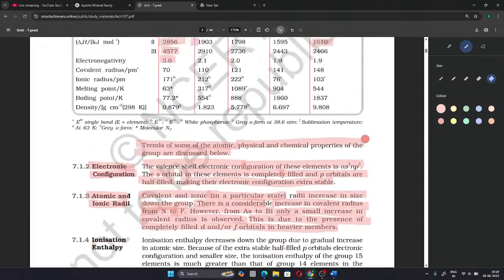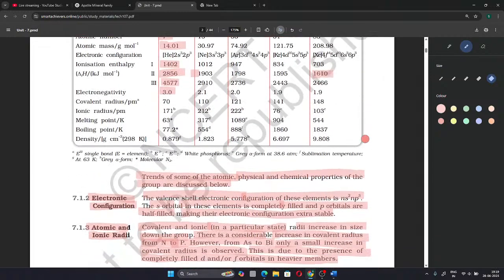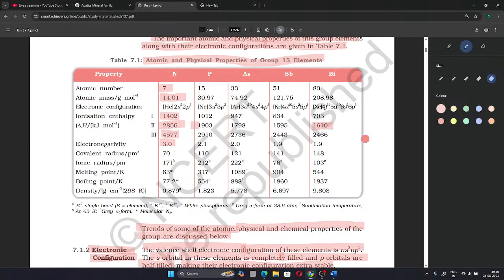Okay, atomic radii. As we see here, in the covalent radius there is a 40 picometer increase from nitrogen to phosphorus. Here there is only an 11 picometer increase as we go from phosphorus to arsenic, a 20 increase from arsenic to antimony, and only a 7 increase from antimony to bismuth.